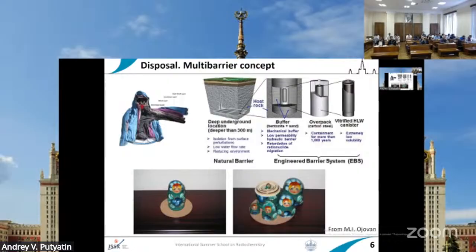The main purpose, the main goal of all the systems of barriers is to prevent the release of the radionuclides into the biosphere, to avoid any additional doses of ionizing radiation to the biosphere, to the people.